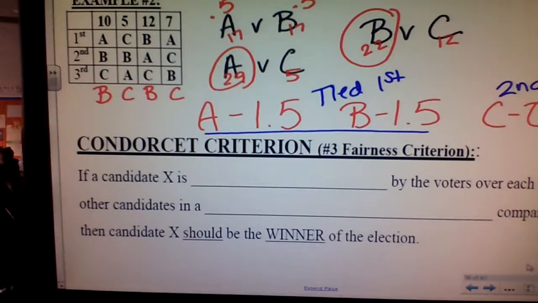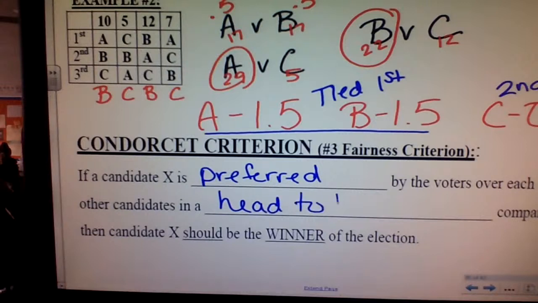Do I have a Condorcet candidate here? No. How many matchups would you have had to win if you were the Condorcet candidate? 2. Okay, so your actual definition says if candidate X is preferred by the voters over each of the other candidates in a head-to-head comparison, then they should be the winner of the election.